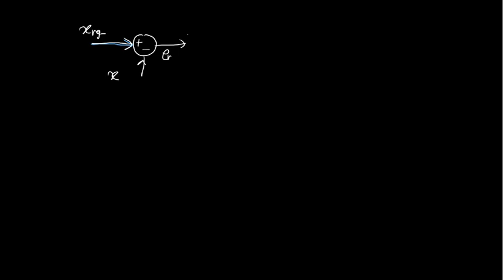Then you give it into your PI or PID controller, whatever you want. This error signal as a function of time is X reference minus X. This is in time.